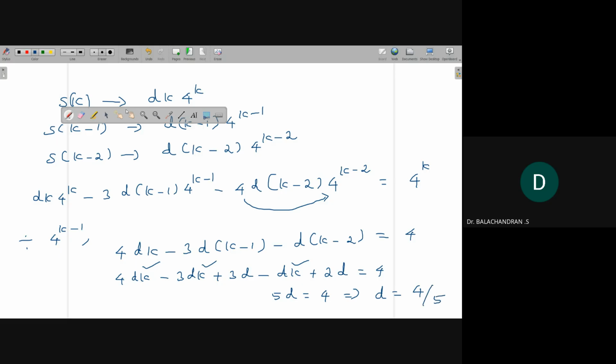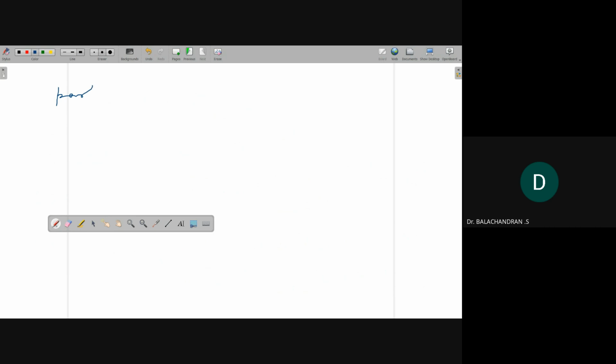So now your particular solution is d, which is 4 by 5, into k into 4 power k. So this is your particular solution, or 4 by 5 is 0.8, so 0.8 into k into 4 power k.